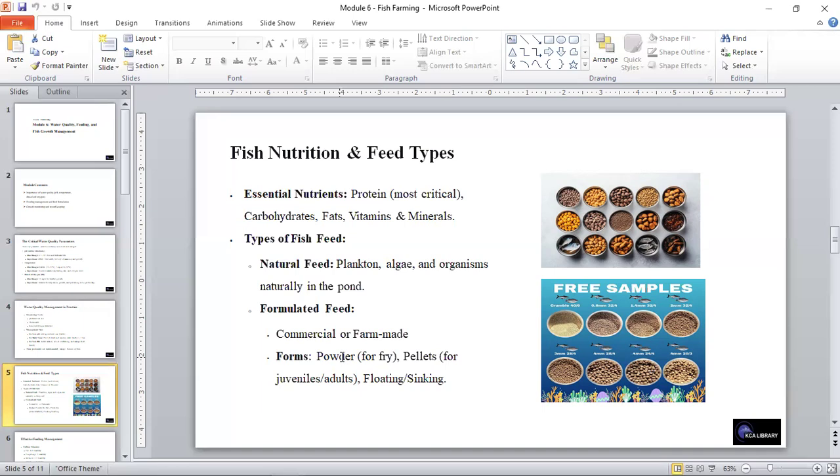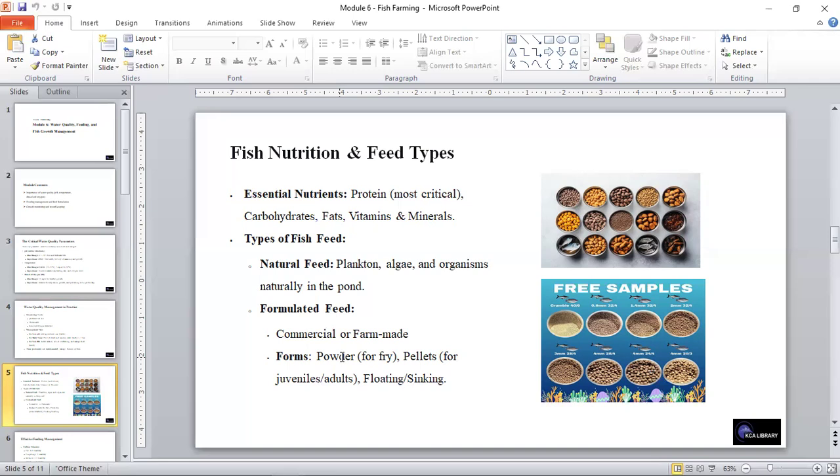Natural feeds are feeds which the farmers don't formulate. They are, for example, planktons, algae, and organisms that naturally grow in the pond. Another form of feed is the formulated feed. That is, it is the farmer that combines ingredients together to form a feed for the fish.